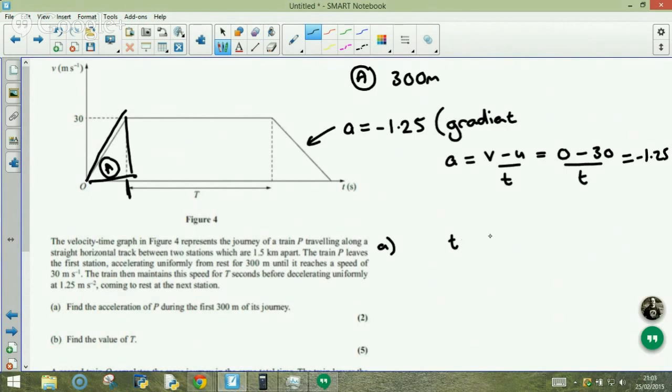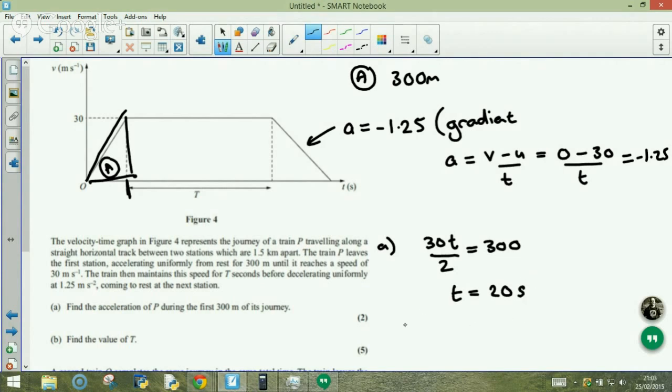The height is 30. And divide that by 2 because it's a triangle, and that should give us 300. So times by 2 is 600, divide by 30. It would appear it takes it somewhere in the region of 20 seconds.